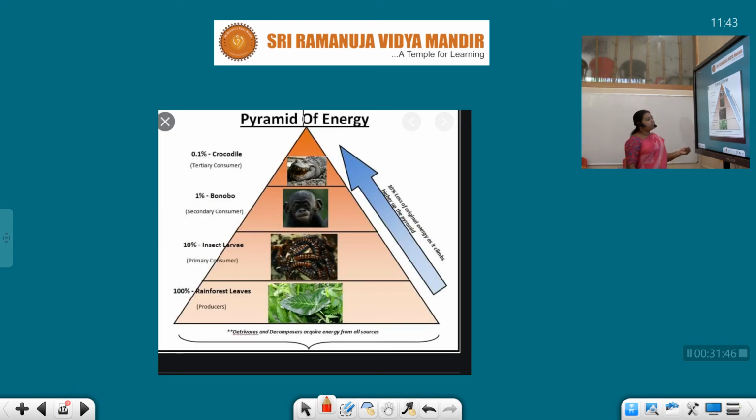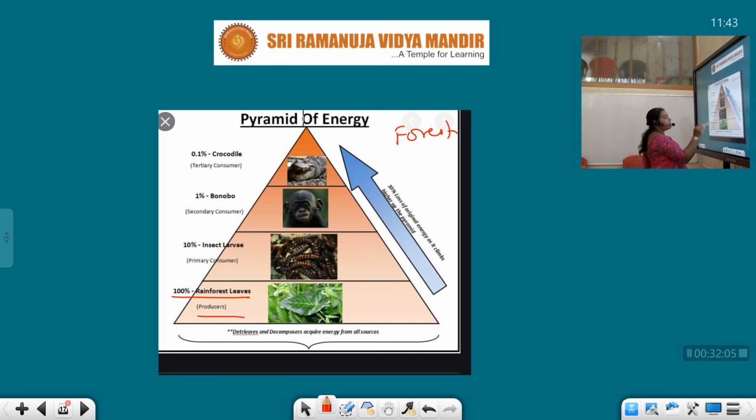And the pyramid of energy, here it is one of the rainforest, the forest ecosystem. Here 100% is the rainforest leaves, they fix the energy.